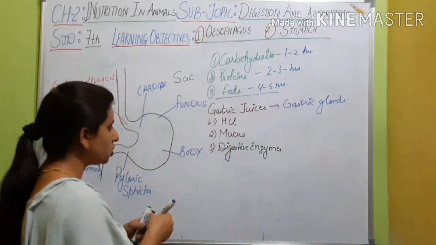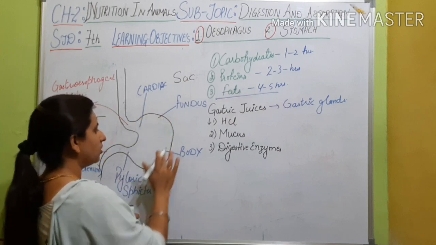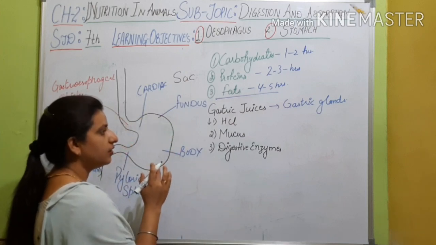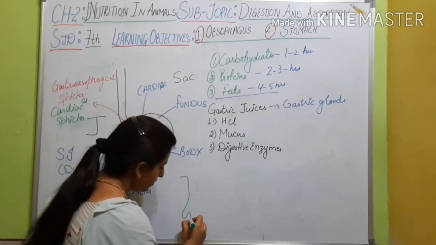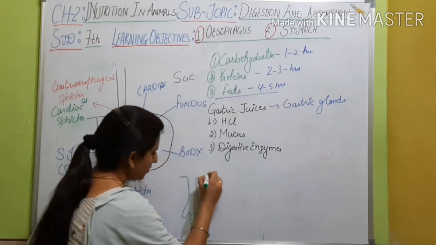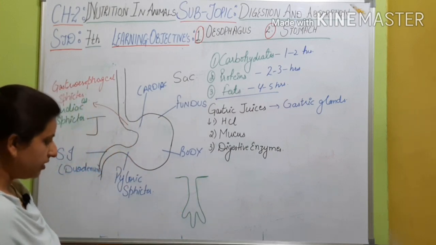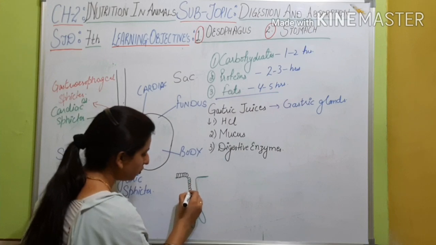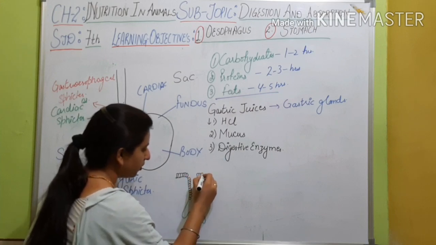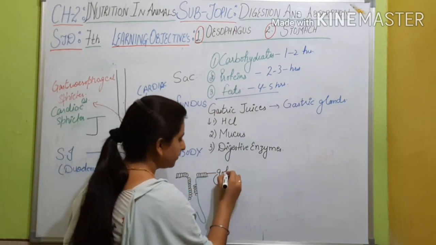If I draw a structure of a gastric gland here, the inner wall of the stomach has gastric cells, or gastric glands, in it, and in these gastric glands there are columnar cells on the inside and also on the outside, and there are also goblet cells.